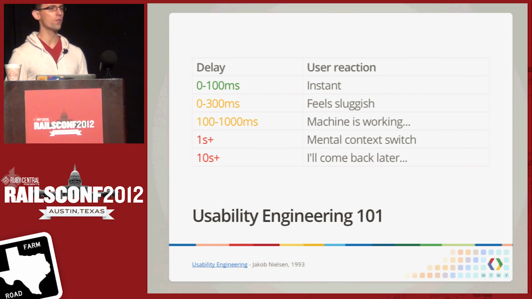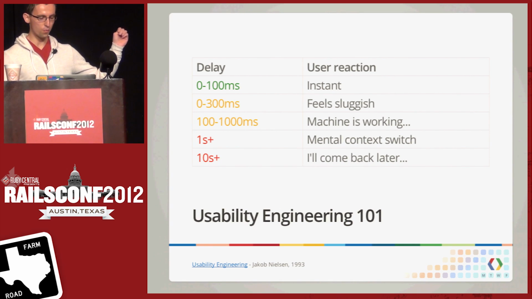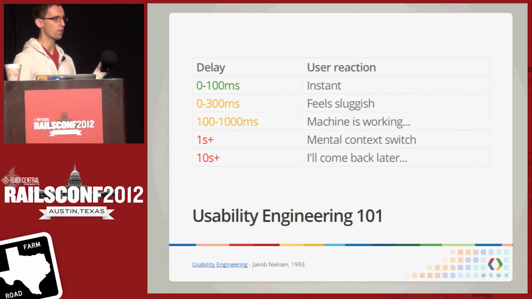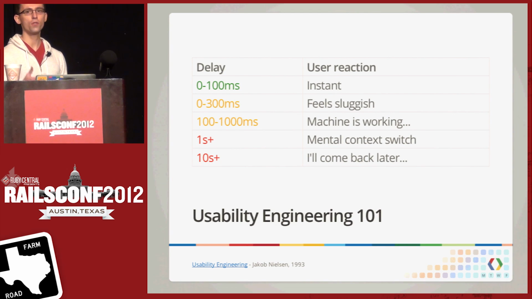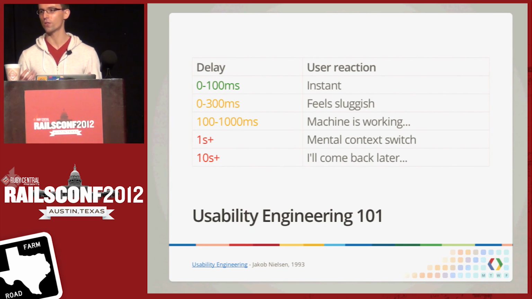It's great to hear those stories because, frankly, we need to be reminded constantly of it. But the truth of the matter is, these numbers were published by Jakob Nielsen in 1993. He did a bunch of studies around what some constants are in terms of usability on a computer. And he found these high-level buckets: if you respond to the user within 100 milliseconds, it feels instant. We can't actually tell the difference.